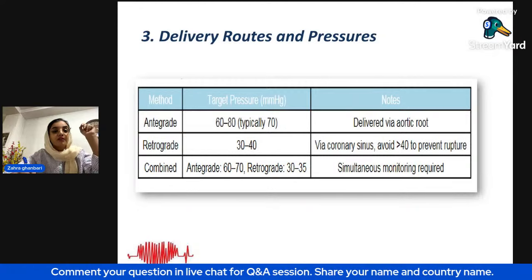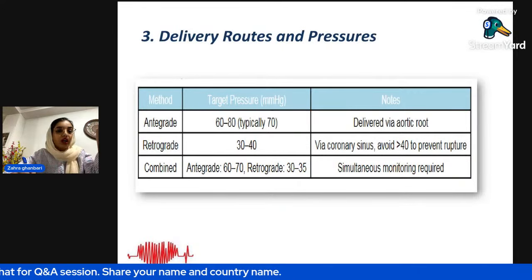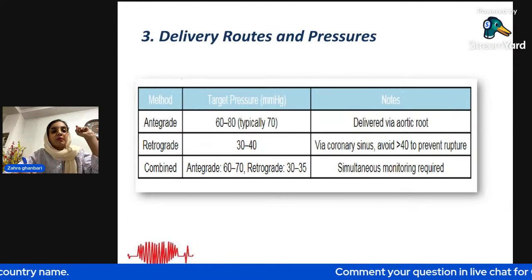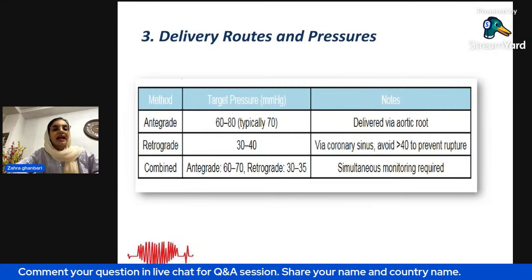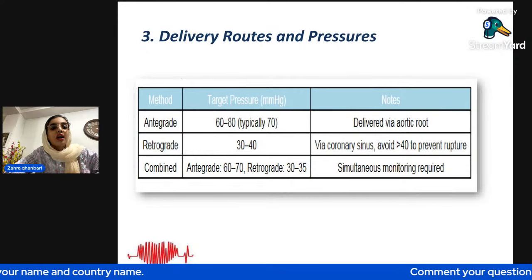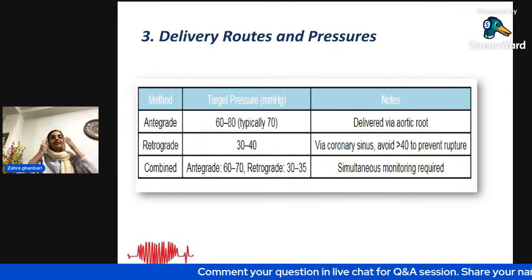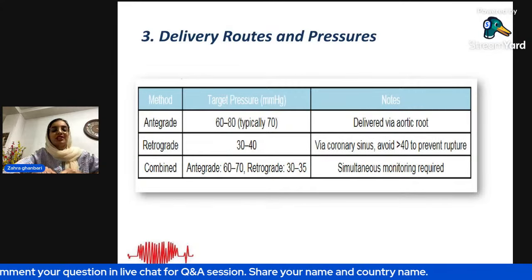The pressure is so important, because more than the normal range may lead to rupture, and less may lead to less circulation and oxygenation. The normal range of the antegrade method is 60 to 100 mmHg, typically 70 mmHg. Another method is retrograde. The normal range is 30 to 40 mmHg.